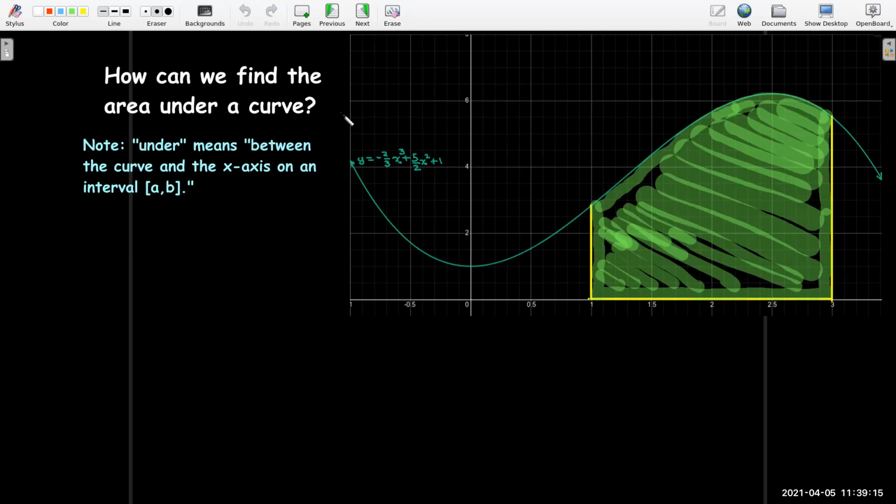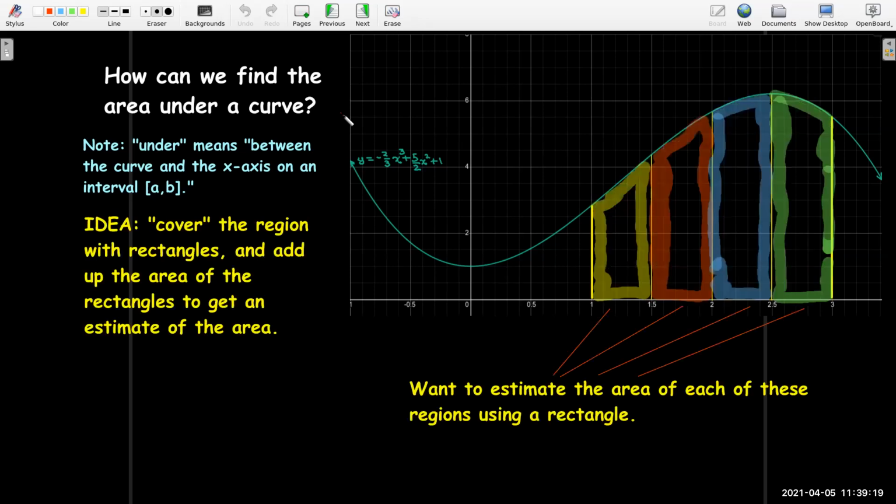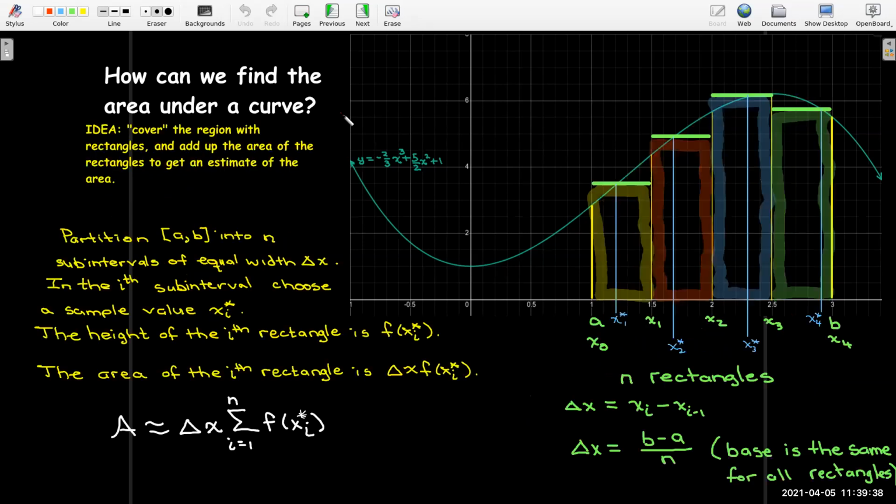And the way we did that is that we divided the closed interval into n subintervals of equal length, and then we tried to approximate the area contained above each subinterval by using a rectangle.